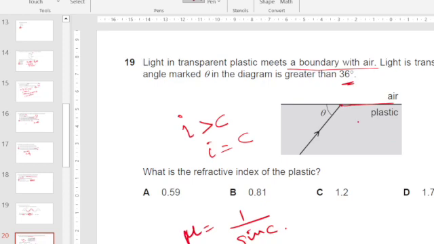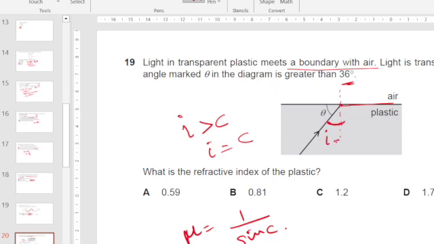But what is the angle of incidence? Is this the angle of incidence? No, because angle of incidence is measured with respect to the normal. The angle made by the incident ray with respect to the normal is what gives me the angle of incidence.